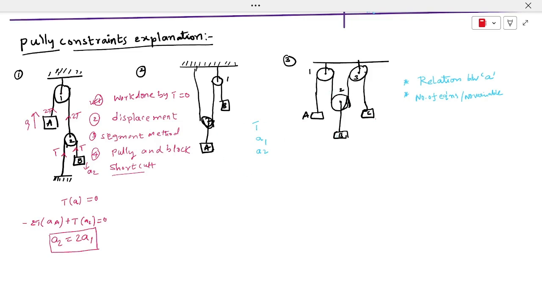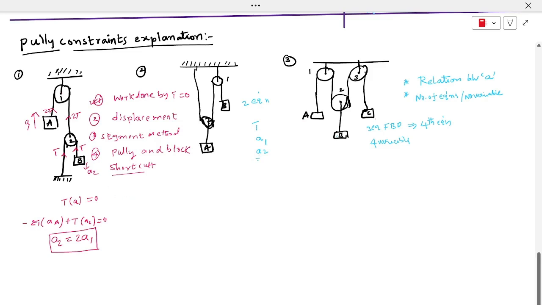But from this diagram, we'll get only 3 free body diagram equations. But 4 variables are there. So, to solve that, the fourth equation I want is the constraint equation, that is the relation between accelerations.